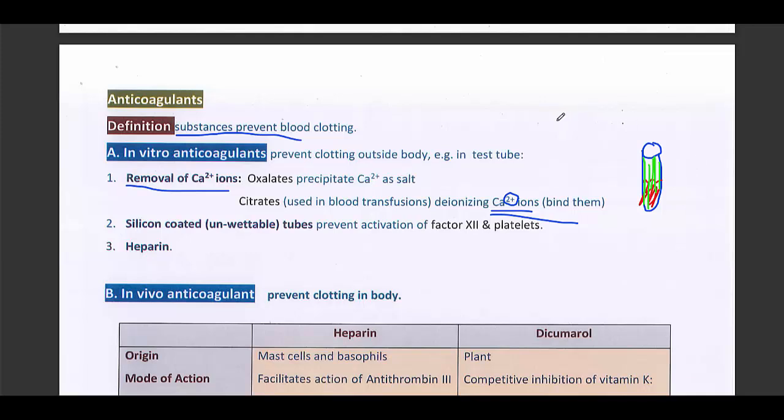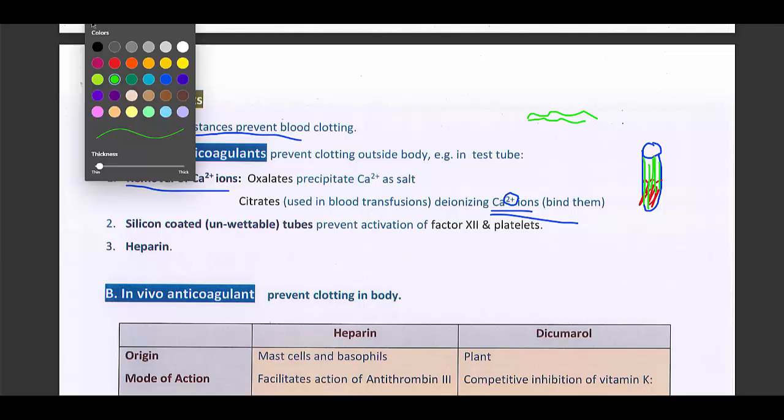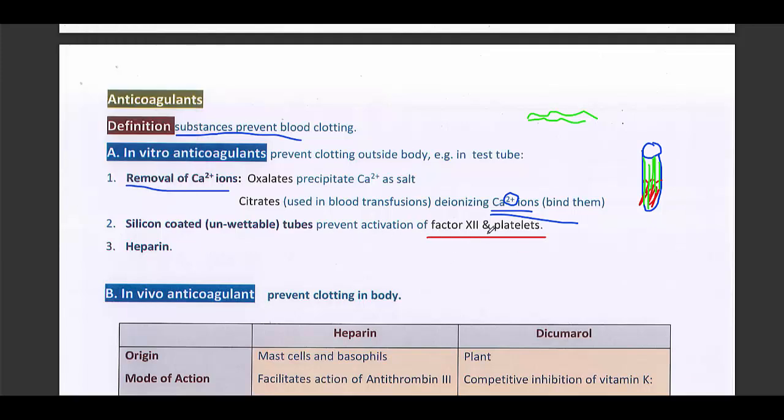Because silicone is very smooth. It is very similar to our endothelium structure. So clotting factor number 12 and platelets will not get activated, because the surface is very smooth, similar to our endothelium.